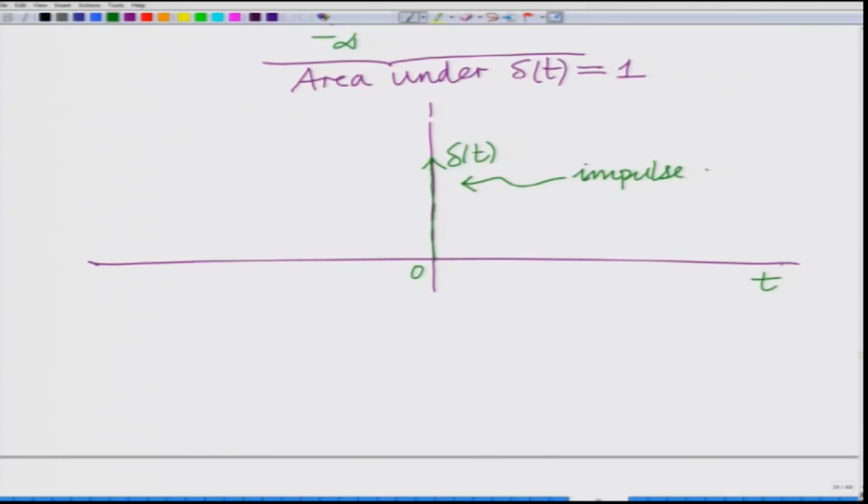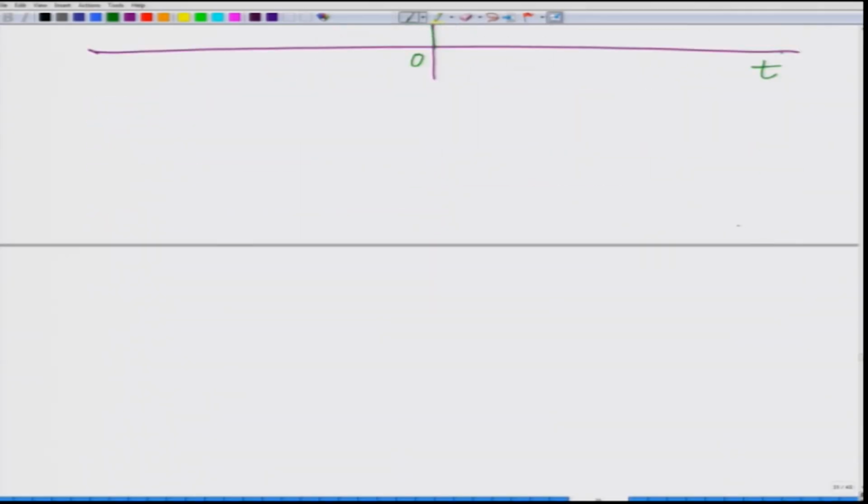And the way to understand this impulse is, it cannot be described, it cannot be visualized intuitively.